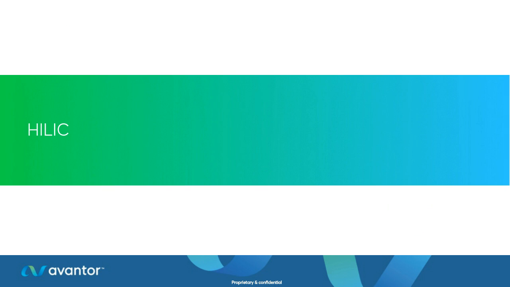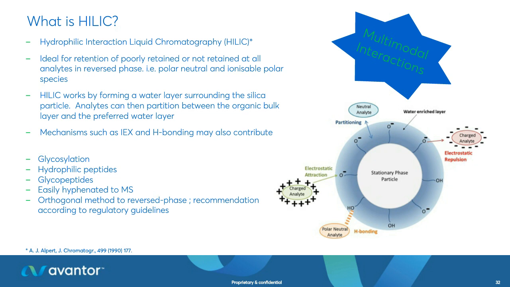Another alternative for more polar compounds, and really where it's found a lot of use, is for post-translational modifications like glycosylation, is HILIC. So HILIC is another mode of chromatography, separate from reverse phase, but of great benefit if you've got really polar compounds or ionizable compounds.